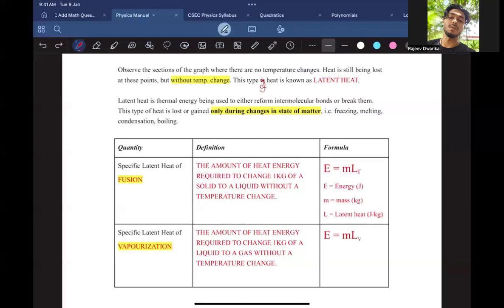So Alia, let me just say we have a pan, and in the pan you have some ice blocks. You want to turn the ice to water at 50 degrees Celsius. What temperature is ice? 0 degrees Celsius.